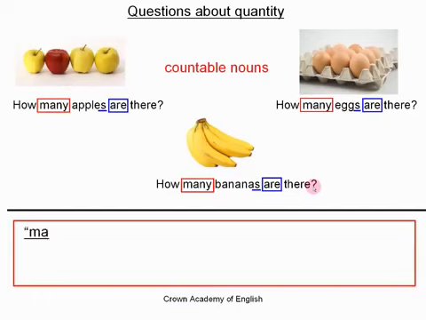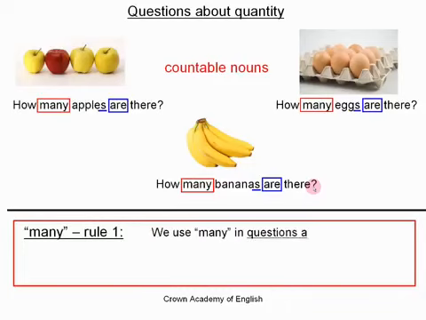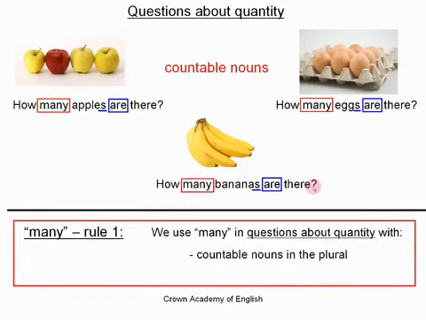So the rule is when we use many, we use many in questions about quantity, and it is with countable nouns in the plural. Alright, so we use the expression how many with countable nouns in the plural, with the verb in the plural as well. And these are all questions.